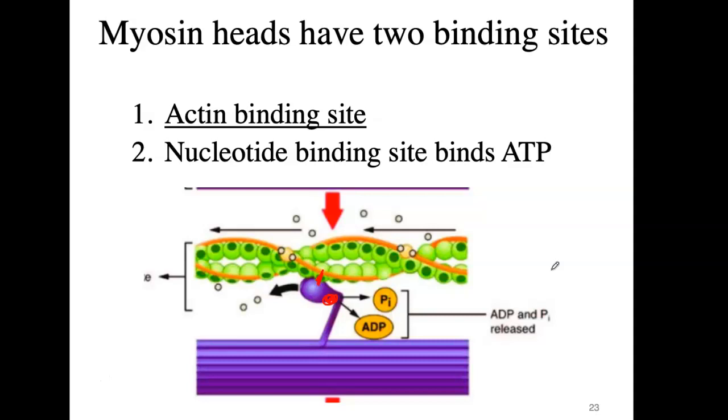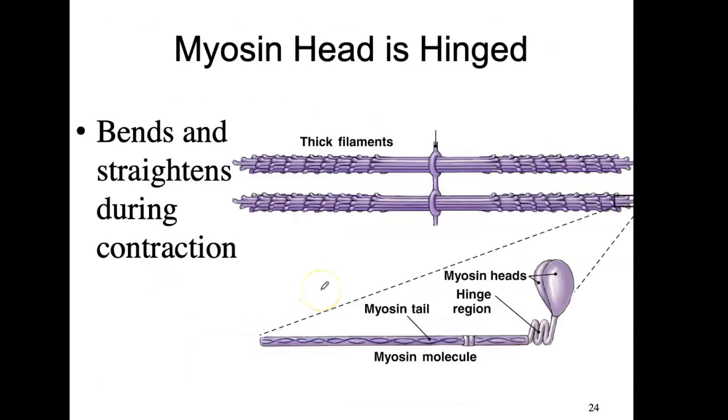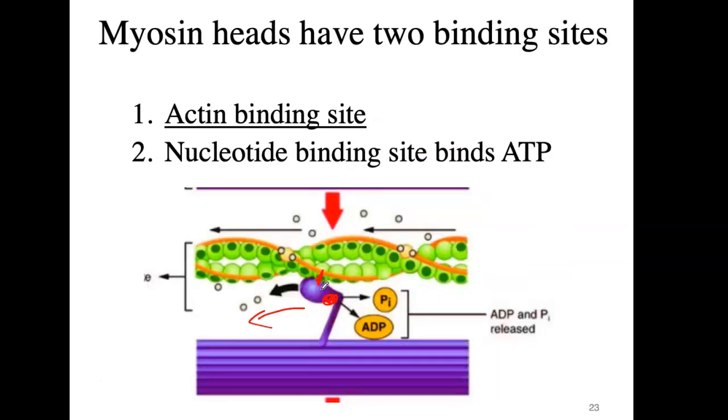And it's going to release one of those phosphates to be able to use it in that mechanism of this golf club head moving that way and making the actin slide. Okay, actin binding site and a nucleotide binding site that's going to bind ATP.